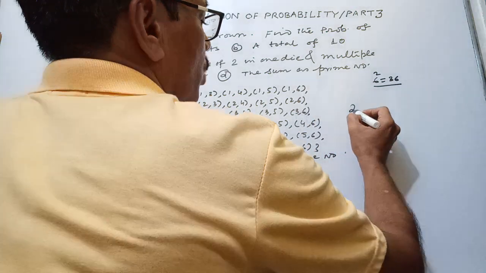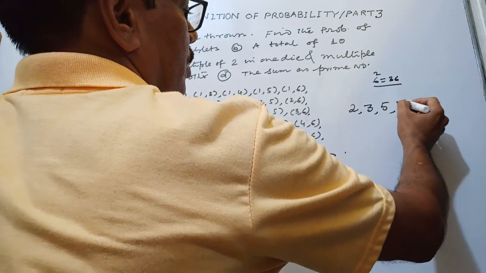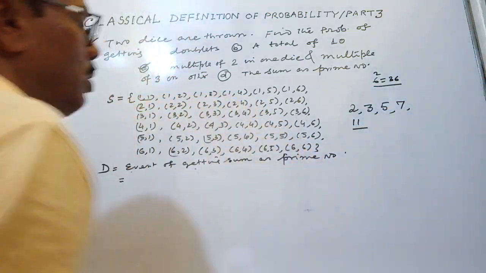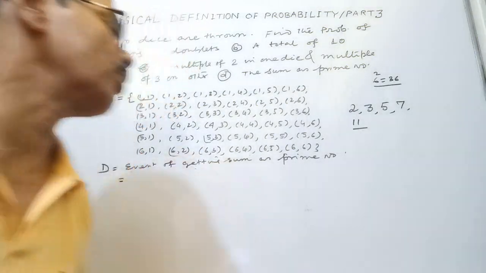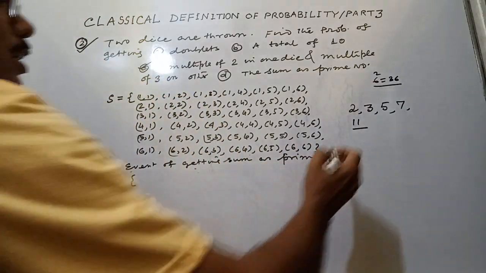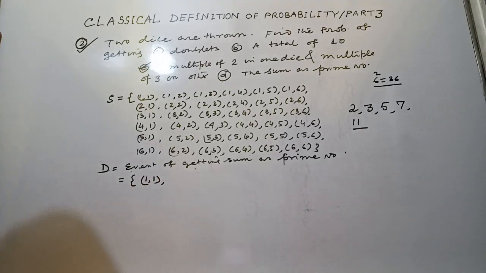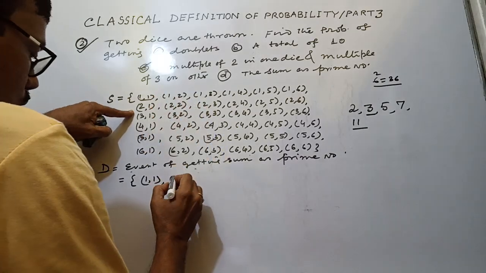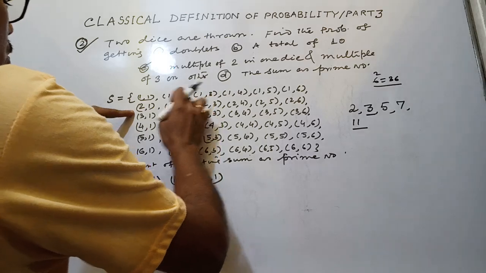You know, 2 is prime, 3 is prime, 5 is prime, 7 is prime, 9 is not prime, 11. So sum of two faces is 2: no cases. Then sum as 3: look, 1-2 and 2-1.